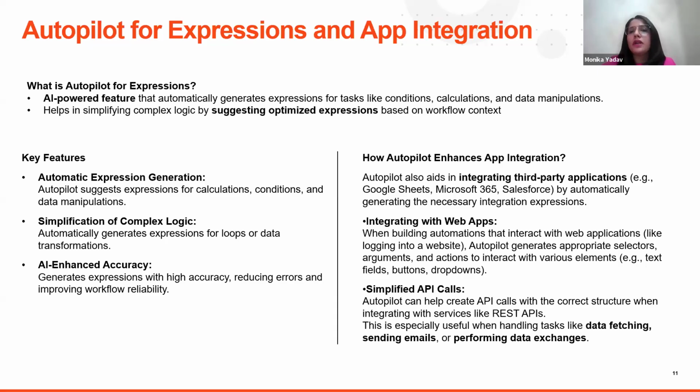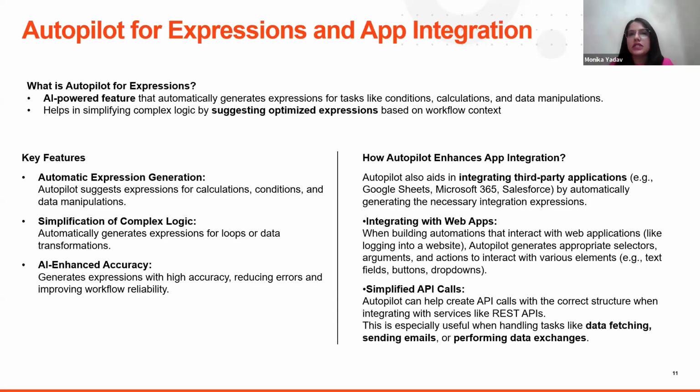So imagine you're building a workflow to extract high-value leads from Salesforce. Then you have to format that data. Okay, extracting the lead data, then formatting the data, then sending that email through Outlook and logging the summary in Google Sheets, noting that we have sent the email for this particular data. Okay, so now how will Autopilot help you in this?